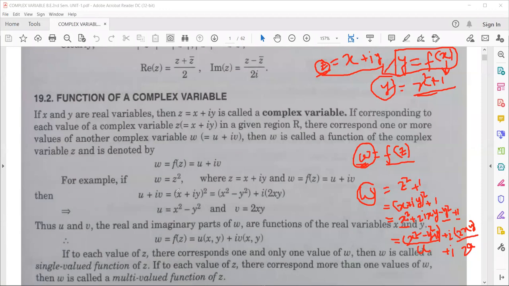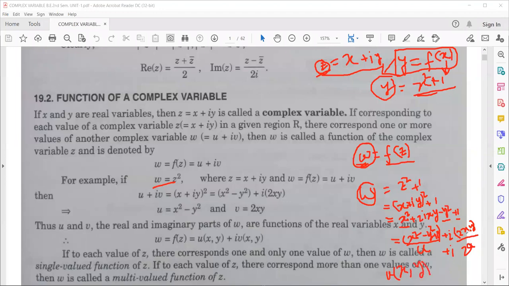Just see the same example, w is equal to z square plus 1. Now this u is equal to x square minus y square plus 1. So u is nothing but a function of x and y.